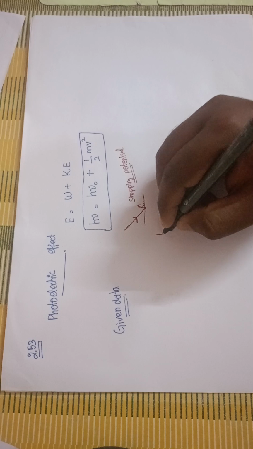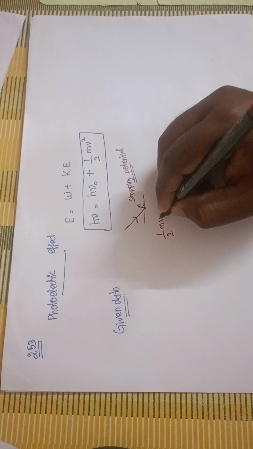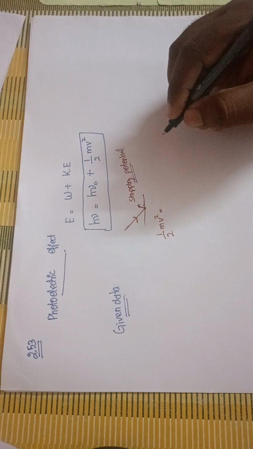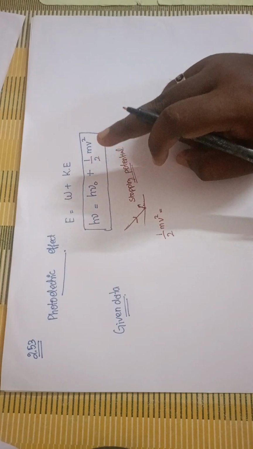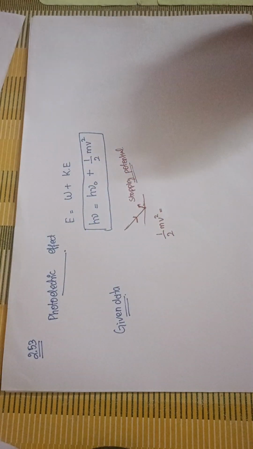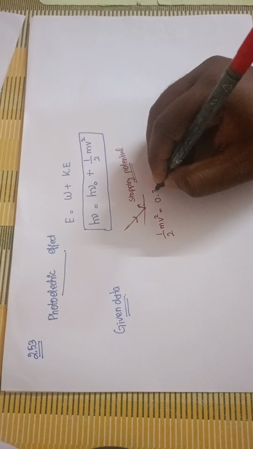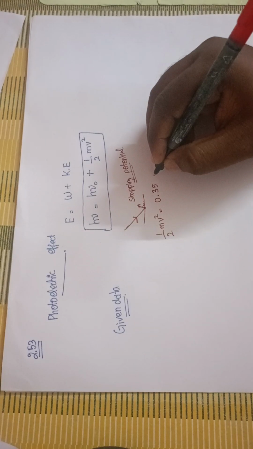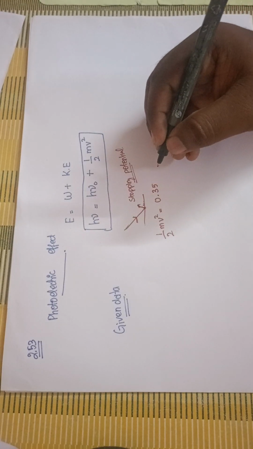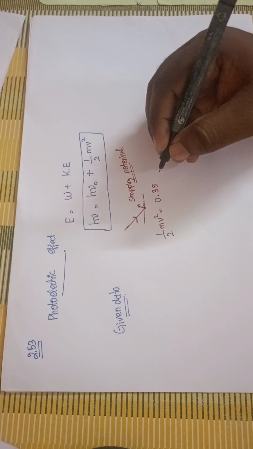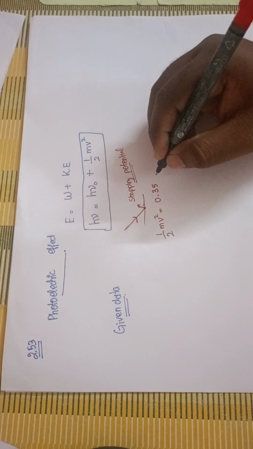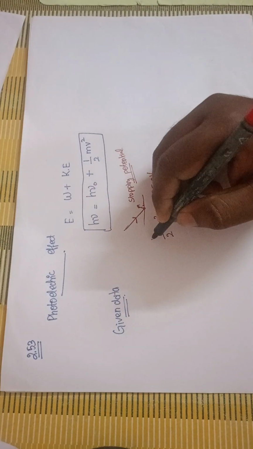So நமக்கு என்ன கொடுத்துருக்காங்க இப்போது half mv square, that kinetic energy. எப்போ stopping potential equal ஆகுதோ அப்போ electron will not move. So that energy is 0.35 electron volt. Okay.